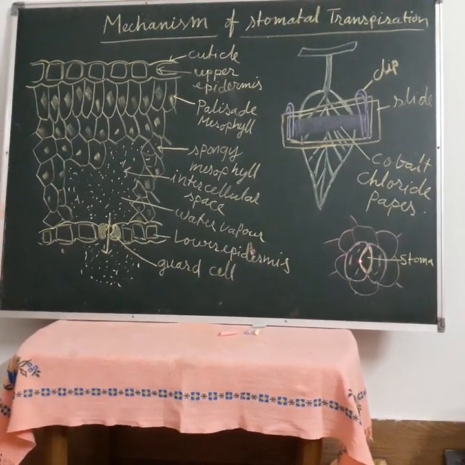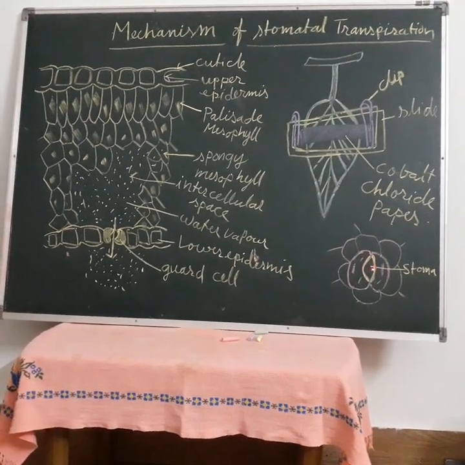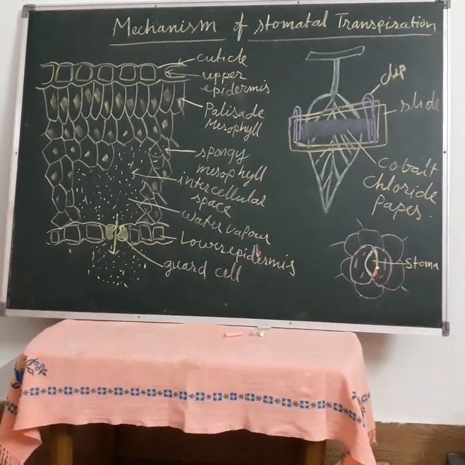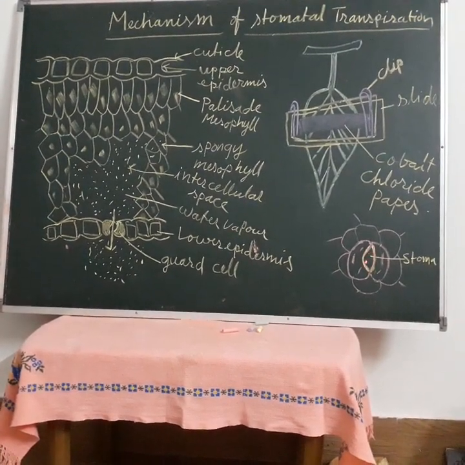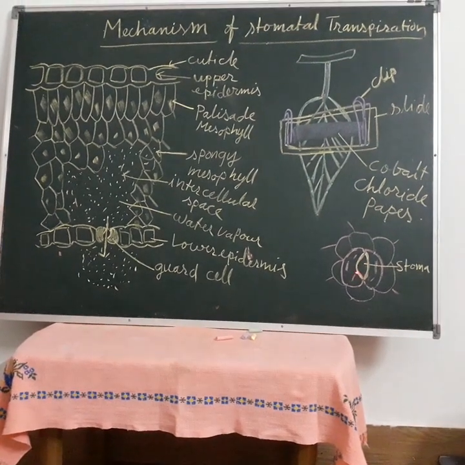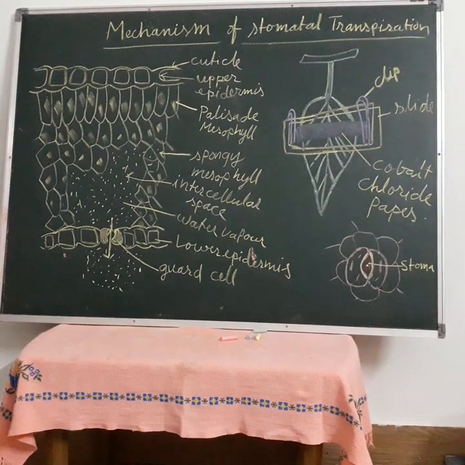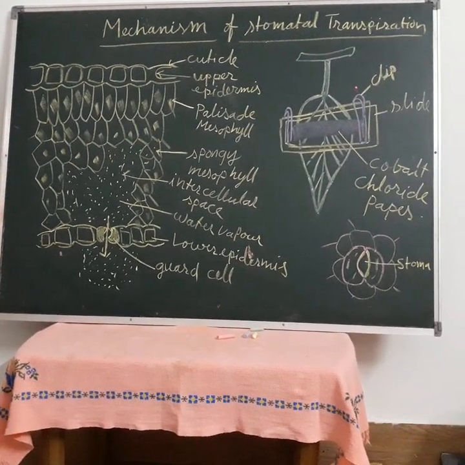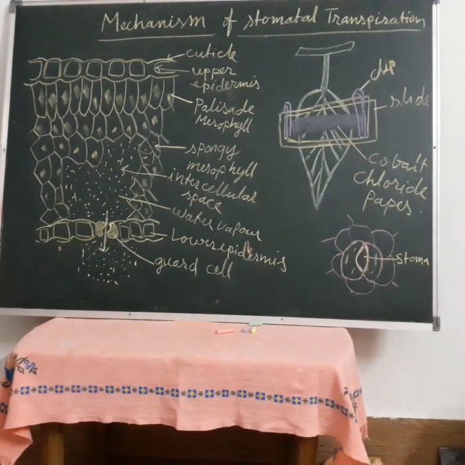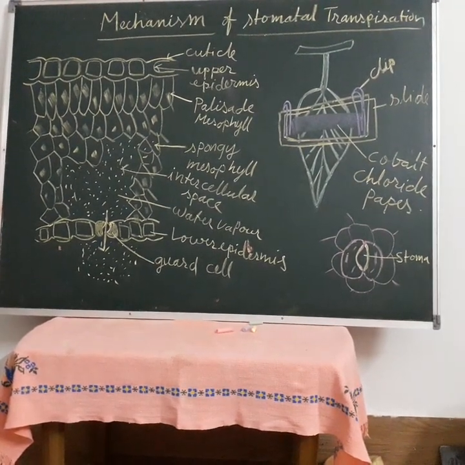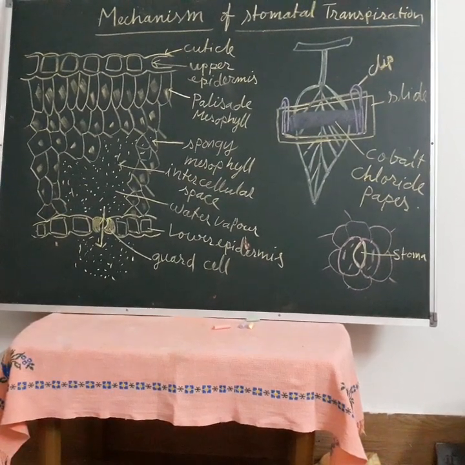If for any reason the water content of the leaf is falling, then the guard cells become flaccid and the stoma will be closed, and there will be no transpiration. The opening and closing mechanism of stomata is regulated by the amount of water and solute present in the guard cells.